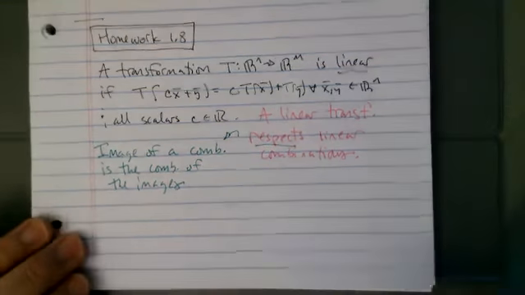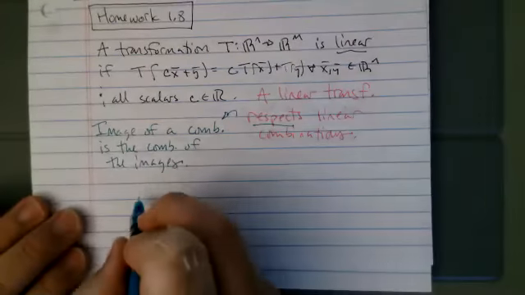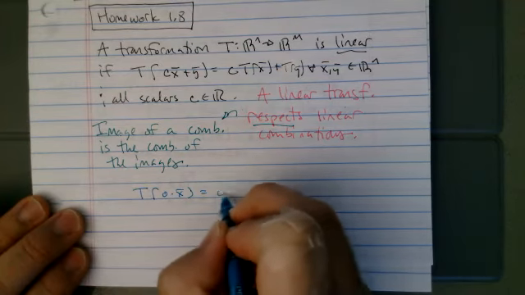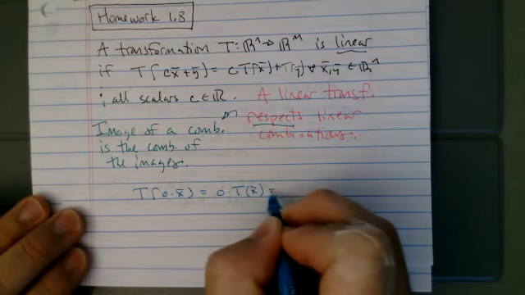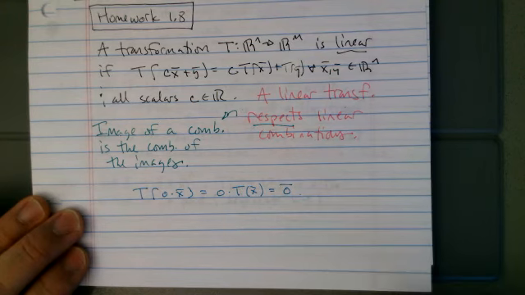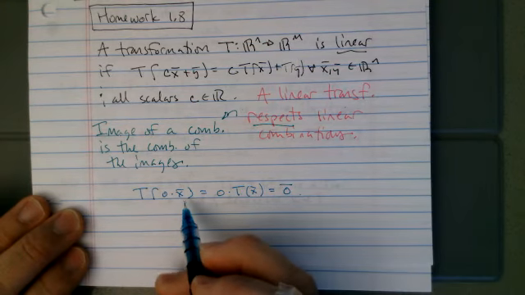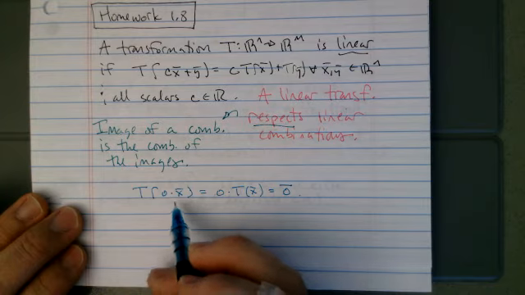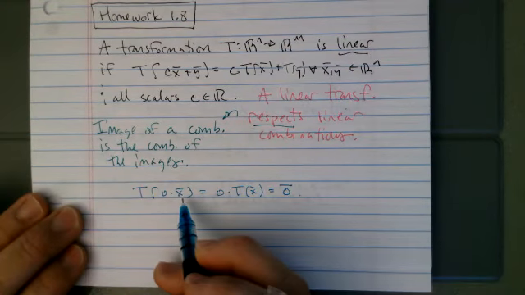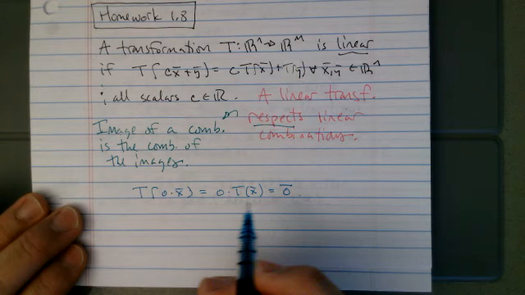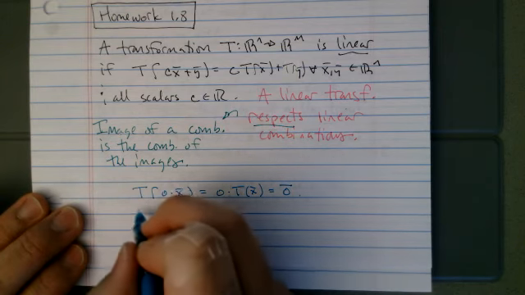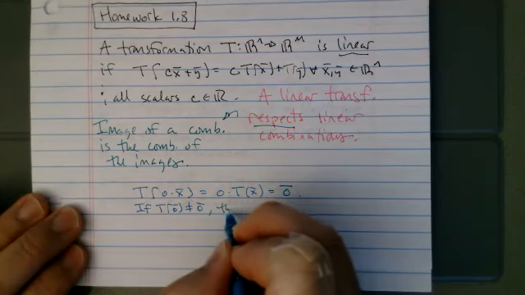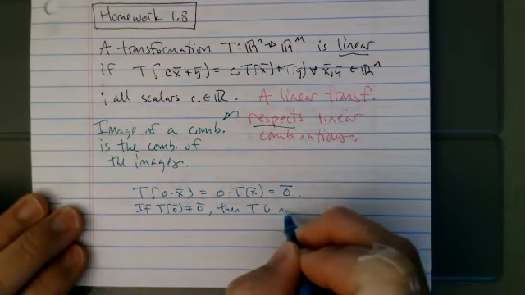So in particular, T of 0 times x has to equal 0 times T of x, which is definitely 0. This is for any vector x in Rn. So T of the 0 vector has to equal 0. If T of 0 is not the 0 vector, then the transformation is not linear. If T of 0 is not 0, then T is not linear.